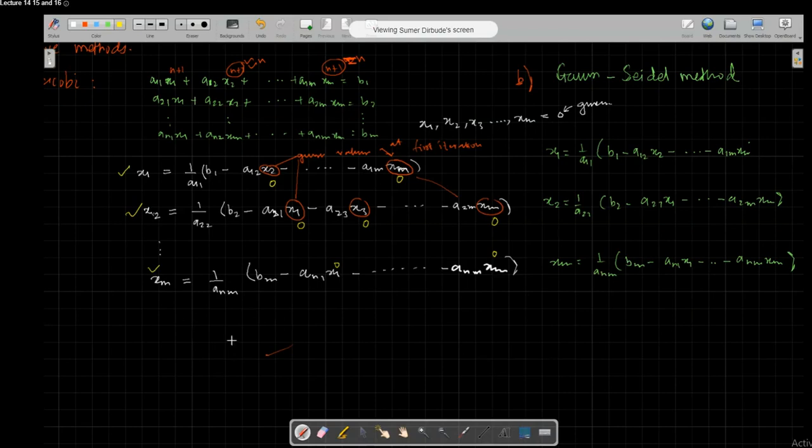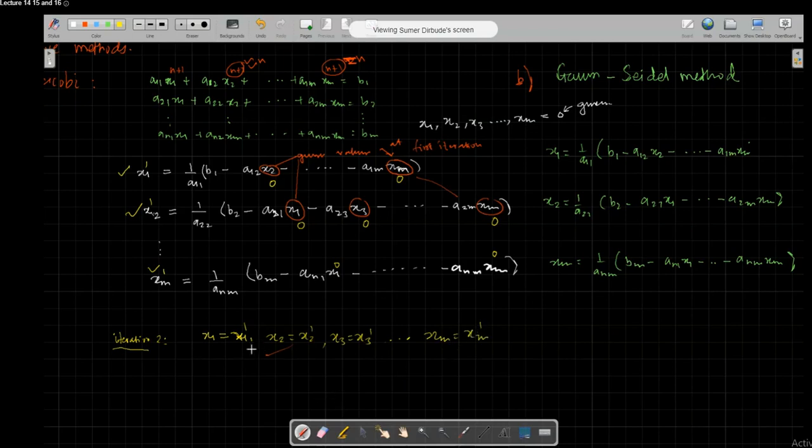Okay. Then whatever these calculated values are there, let me write them as x1^1, x2^1, x3^1, likewise xn^1. Now for iteration number 2, the second iteration, x1 will be equal to x1^1, x2 will be equal to x2^1, x3 will be equal to x3^1, likewise xn will be equal to xn^1.